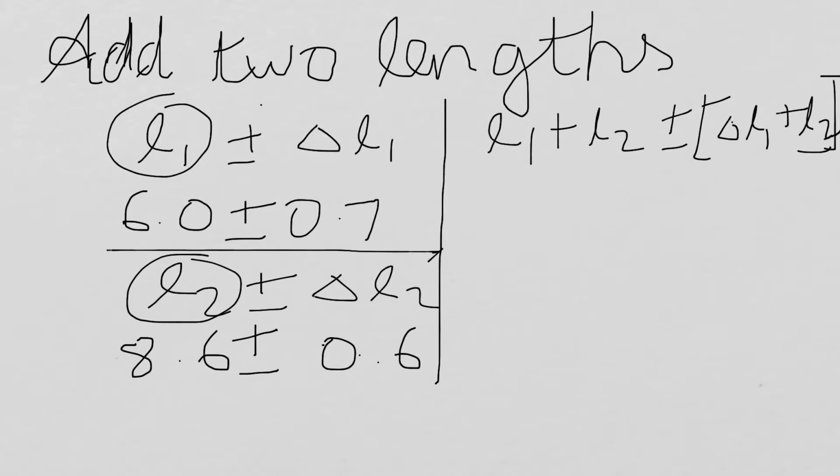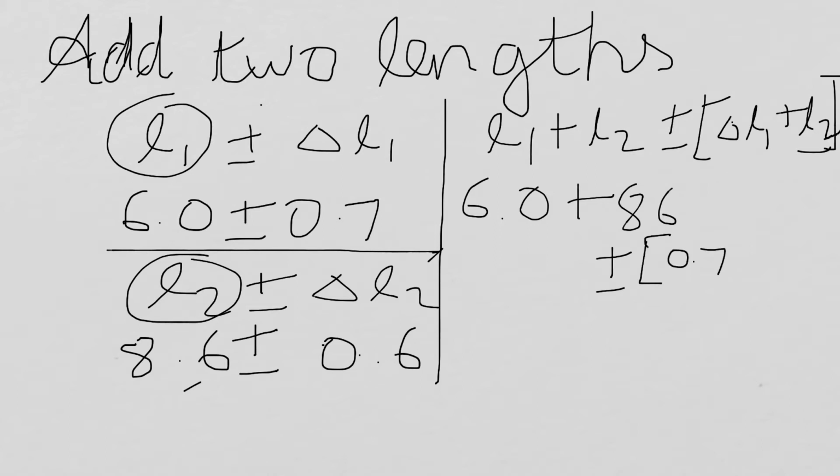In this way we will substitute the values as given. Length 1 is 6.0 plus length 2, which is 8.6, then plus or minus, delta L1 which is 0.7 plus delta L2 which is 0.6, bracket closed.